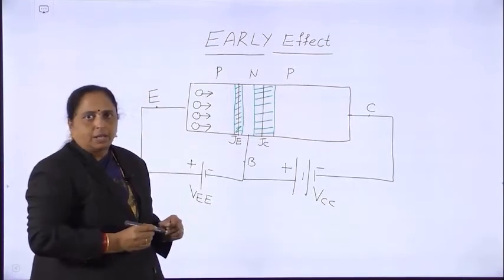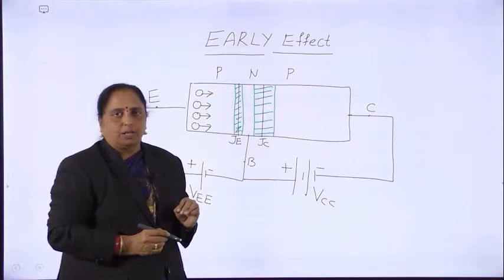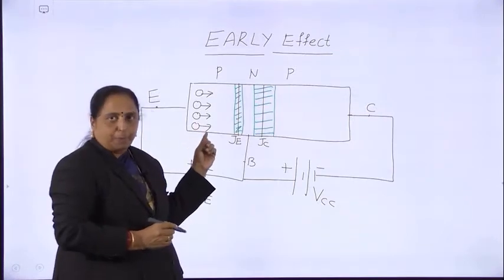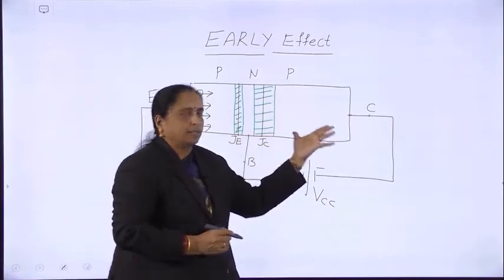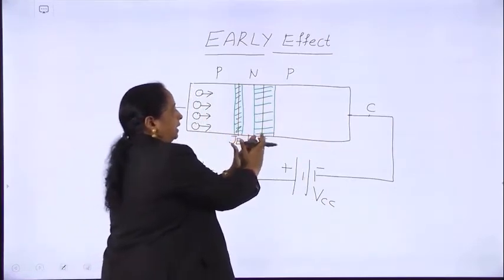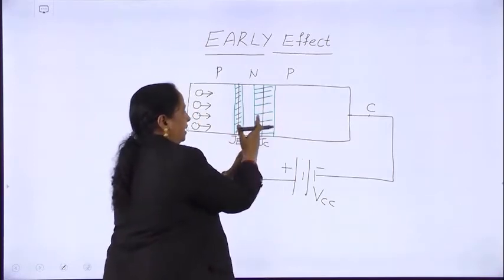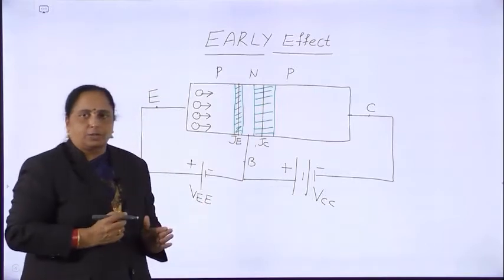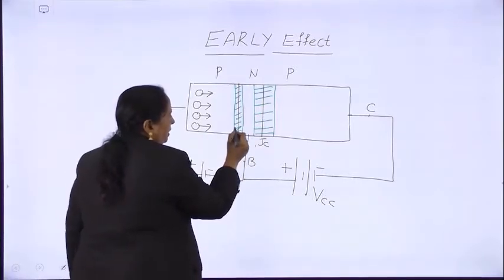And you know that the base region is very small. The emitter space is less compared to the collector, and the collector has the maximum area. Therefore, whenever the depletion width increases, it extends into the collector region and into the base region also.